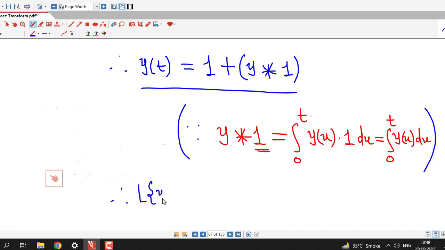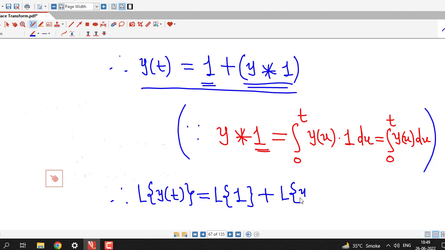Therefore Laplace transform of y of t equal to Laplace transform of 1 plus Laplace transform of y star 1. This we are writing using linearity property of Laplace transform. Laplace transform of addition equal to addition of Laplace transforms of two functions which are in the addition.